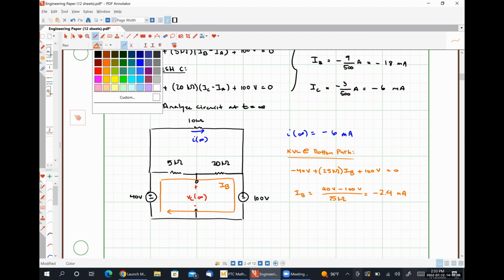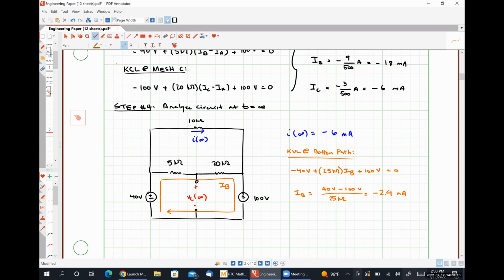Now, using Sarah's suggestion, I'm going to write a KVL loop here. Bottom right-hand path.